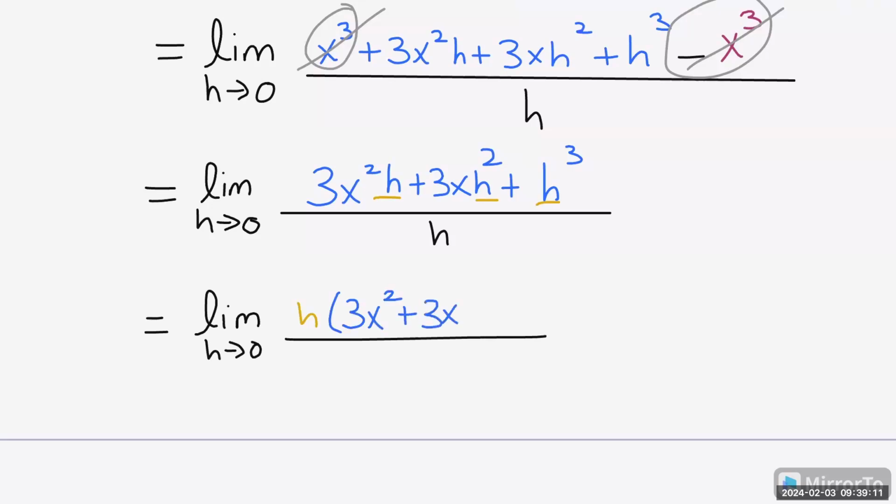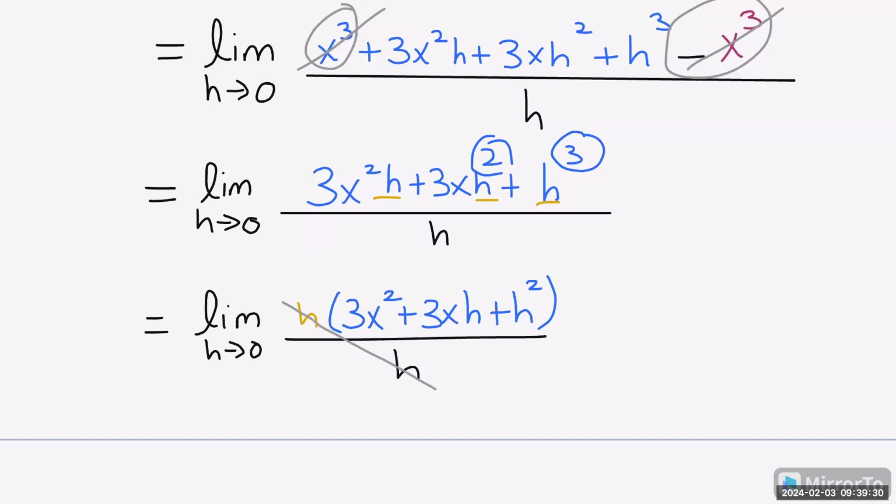I had two h's here, but I took one away, so now it's just xh. And for the last one, I had three h's, but I took one out, so I just have h squared there. And in my denominator, I still have my h.